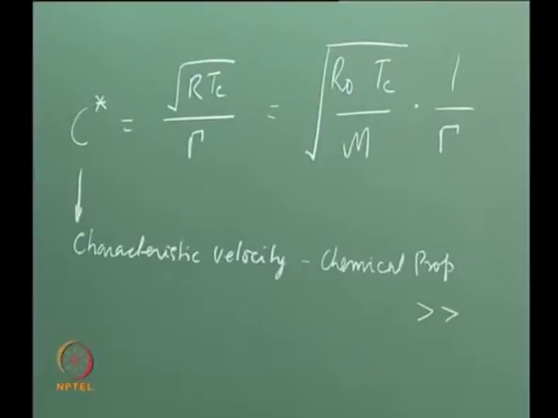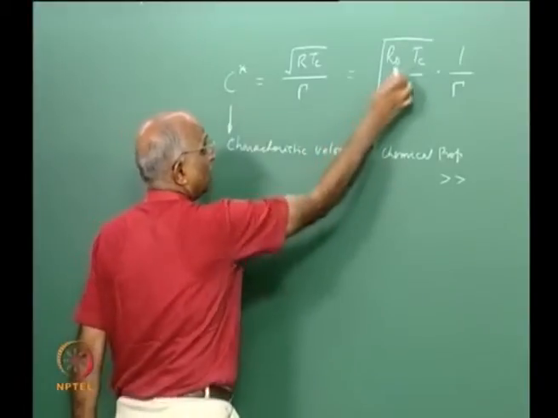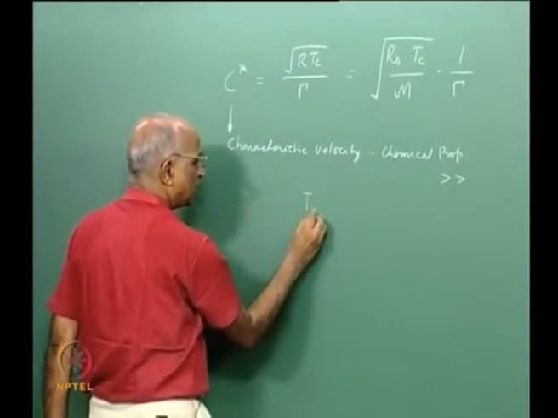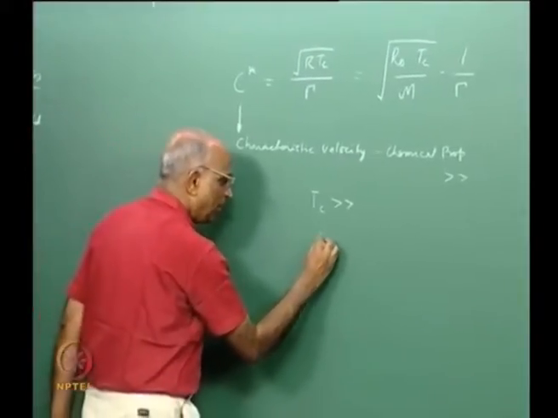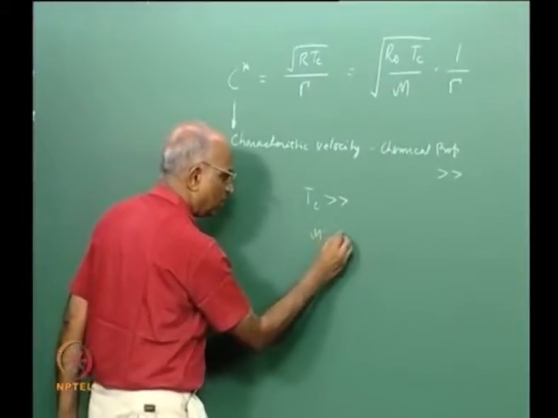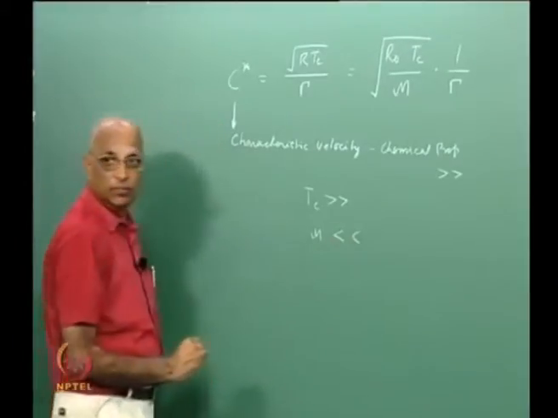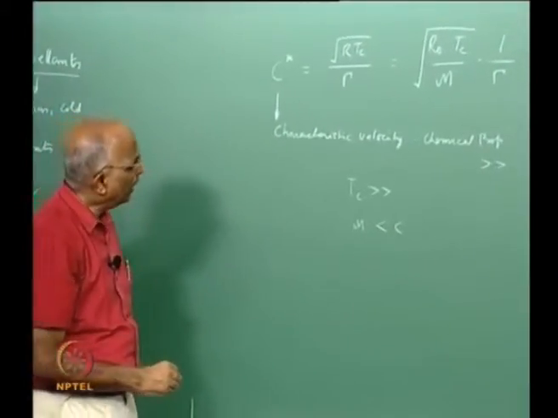If it has to be large, obviously we have to tell ourselves, well, C star is equal to under root Tc, rather Tc must be large, or the molecular mass of the gases which are escaping through the nozzle must be small. Okay. Anything else?